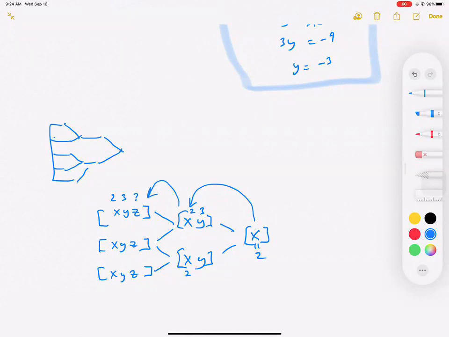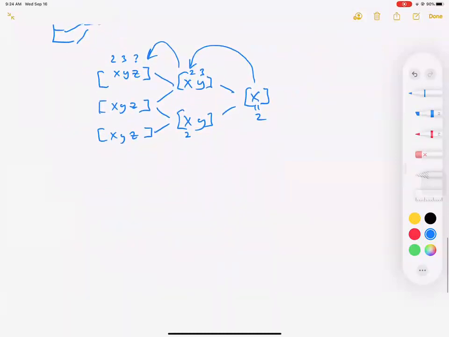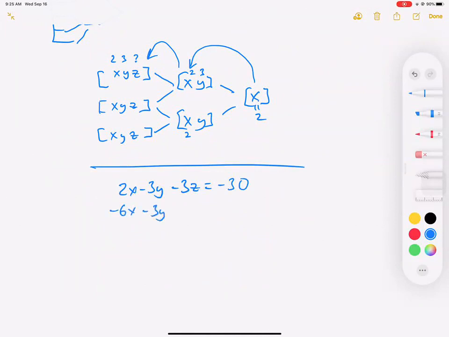Now we're going to do one more problem with substitution. And this problem is, what if they substitute not just one number, but they give me a whole equation with other variables? So here is a fancy one. 2x minus 3y minus 3z equals negative 30. And negative 6x minus 3y minus 6z equals negative 33.